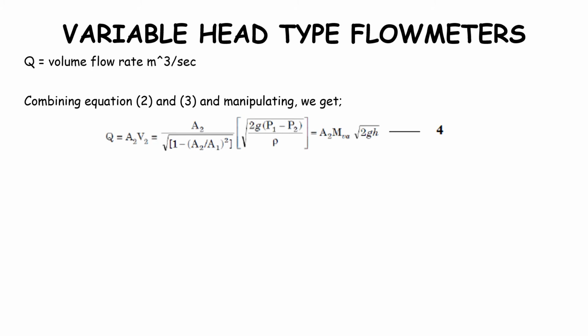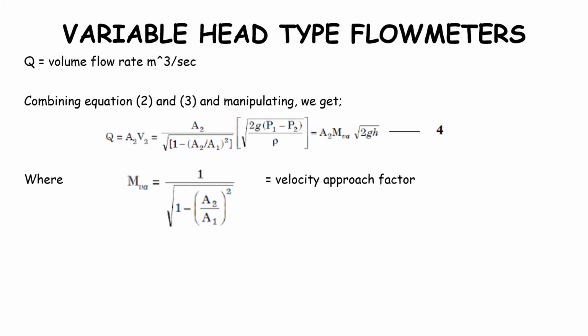If you have a paper and a pencil to derive it, it will be much easier. Here, 1 divided by the square root of 1 minus (A2 by A1) to the whole square is said to be the velocity approach factor, and H is equal to (P1 minus P2) by rho, which is the differential head.